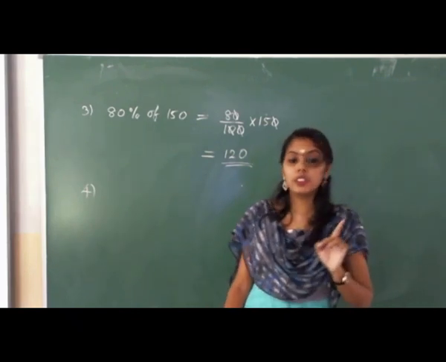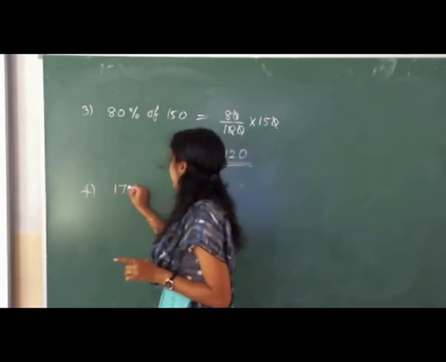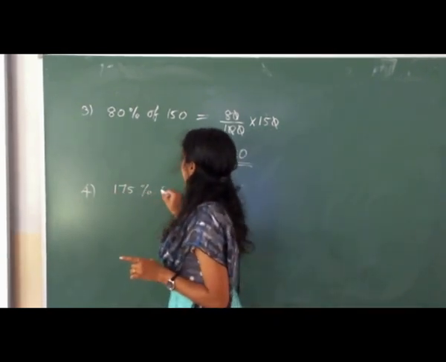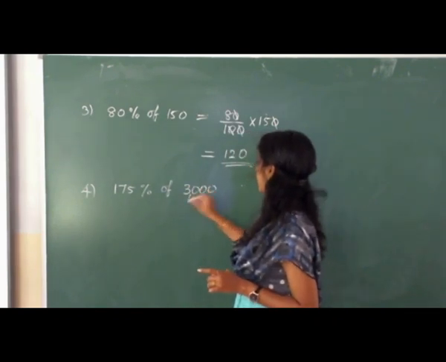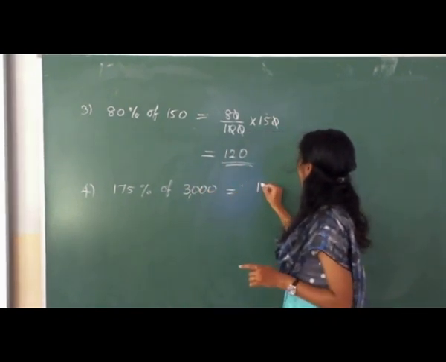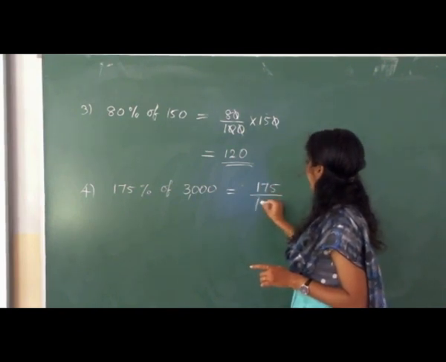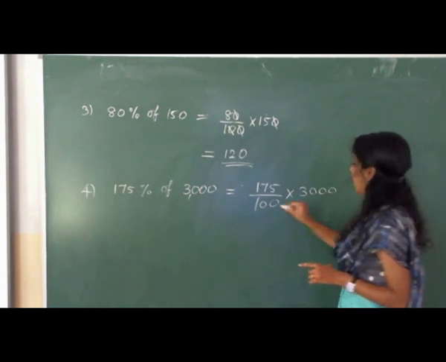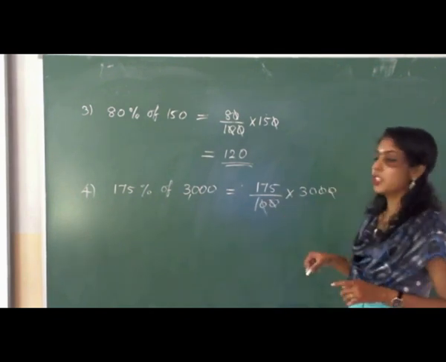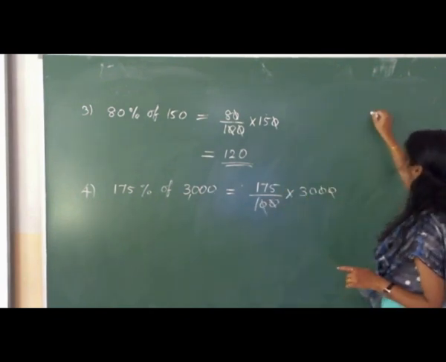175% of 3000 is equal to 175 by 100 into 3000. Cancel 2 zeros here and 2 zeros there, then 175 into 30.